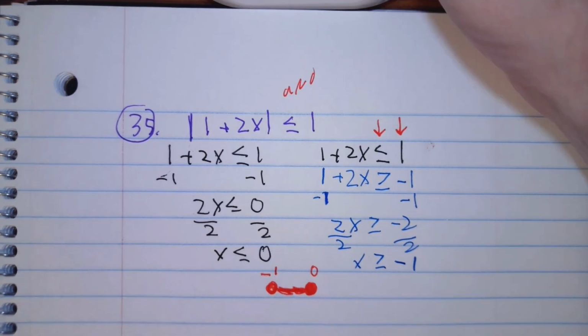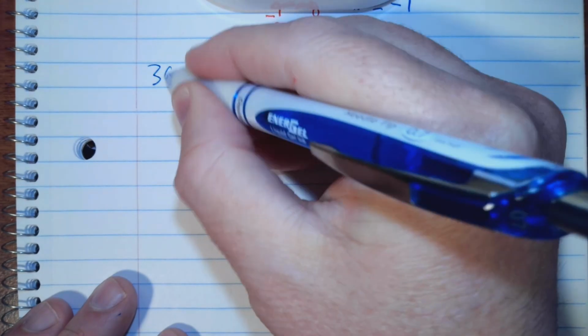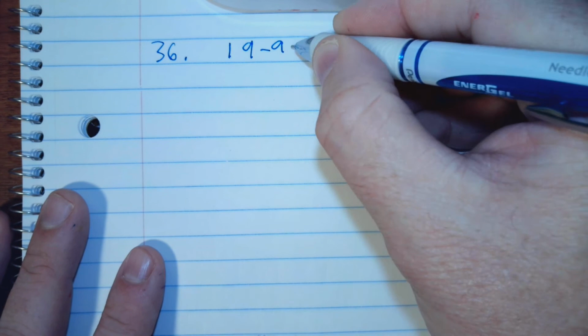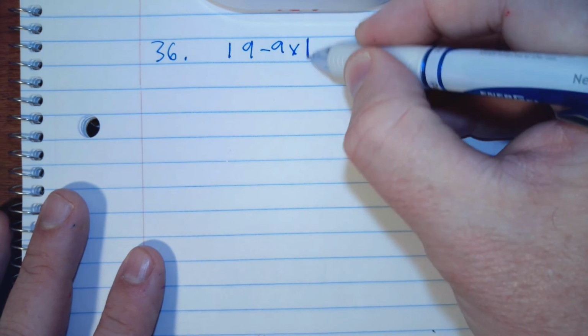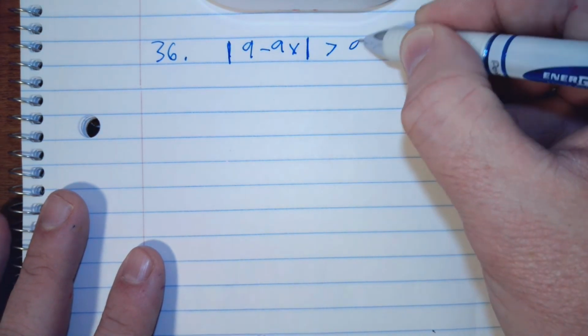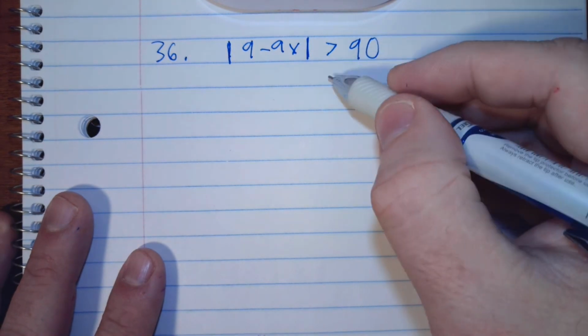36. And this will be the last one I'll probably do, unless I have questions tomorrow, then I'll do plenty. If you need me to answer questions, I kind of want to get that graph going. Okay, so 36 is going to look like this. 9 minus 9x. Oh, that's just trouble. All right, let's see what happens.